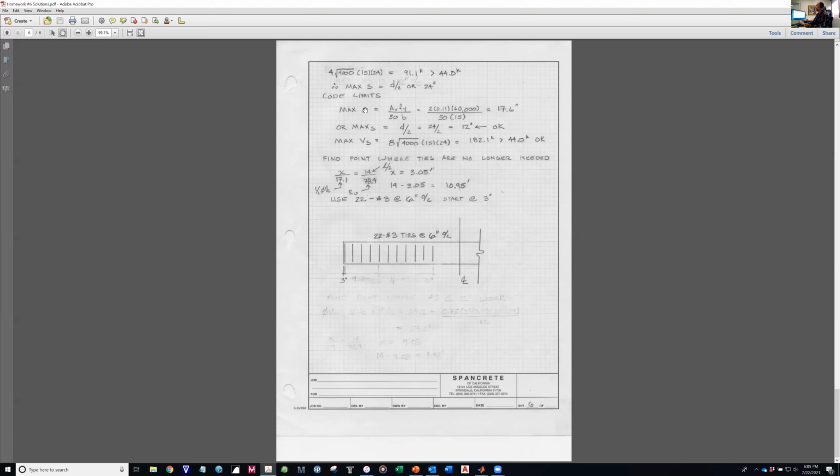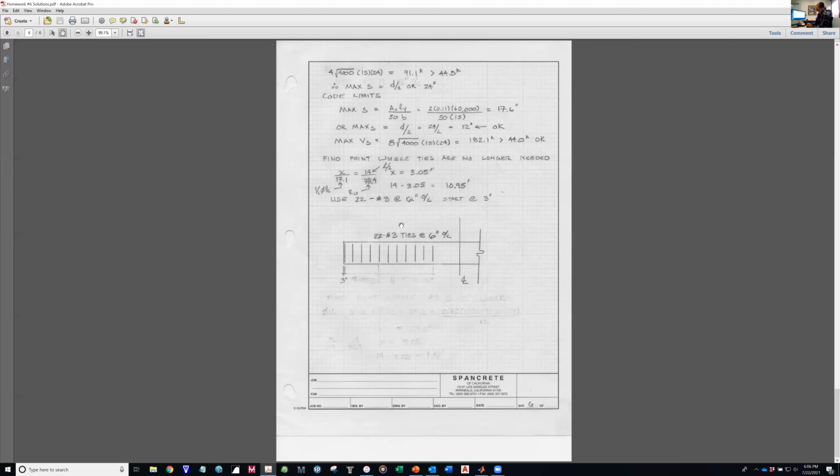But we also have to check A_v f_y over 50 b as a maximum spacing. So it's either this or whatever you need because of the demand on the concrete. Oh, so since the V_s required is less than the 4 square root of f'c b_w d, we have two options, right?